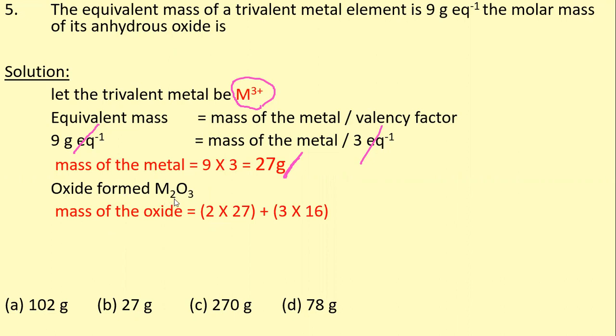See here, the mass of the metal we have calculated here as 27. So now 2 moles are there, so 2 into 27 plus here 3. We all know the oxygen atomic mass will be 16, which means 3 into 16. So now 54 plus 48, so the answer will be 102. So now the right answer for this question will be 102.